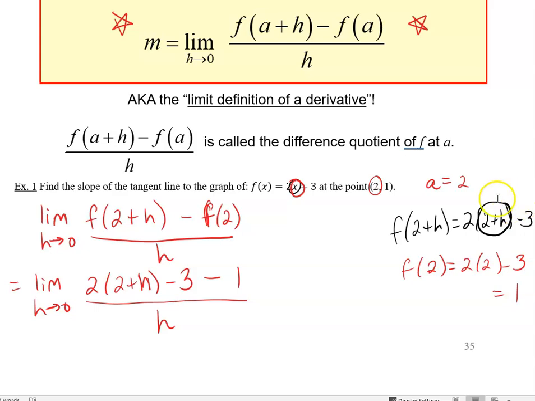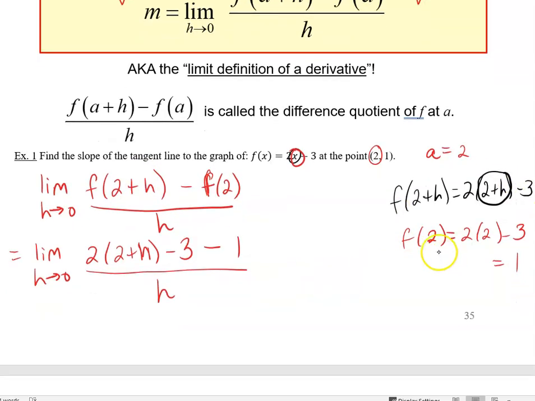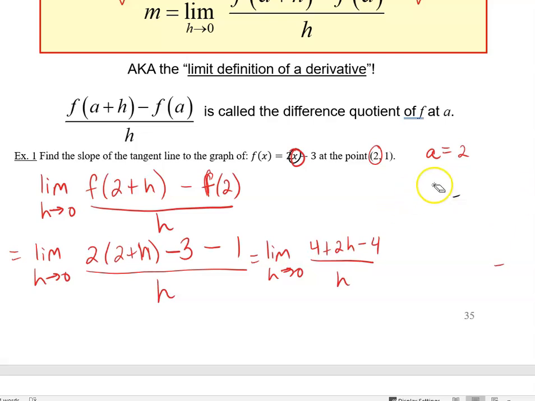And now you're going to do some algebra and simplify this expression. So this becomes the limit as h approaches 0 of, I'm going to distribute the 2, so that gives me 4 plus 2h minus, notice that this negative 3 and this negative 1 can be combined to give me negative 4, all over h. I'm going to clear some space here just so we don't get confused. That's what we're working with now.